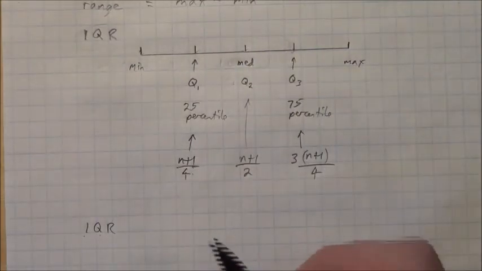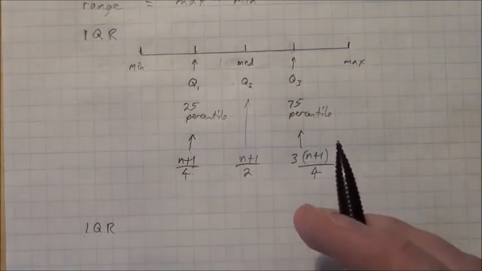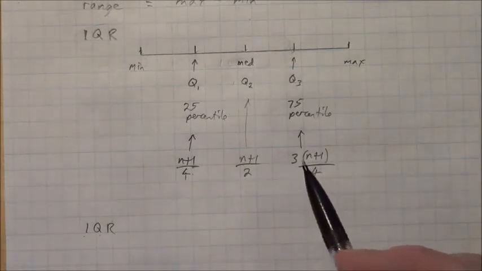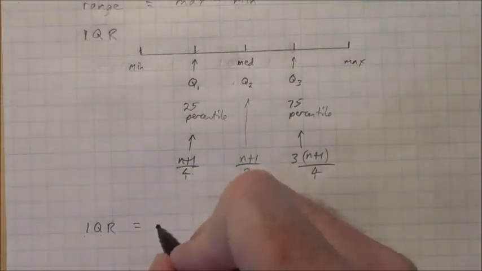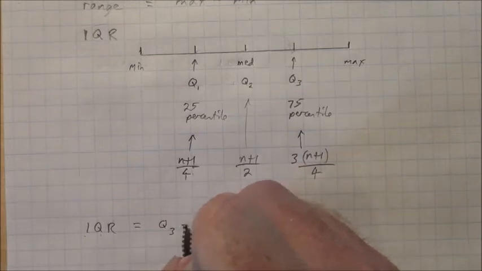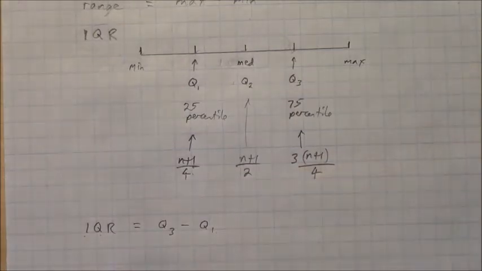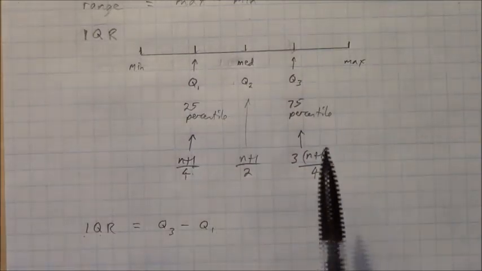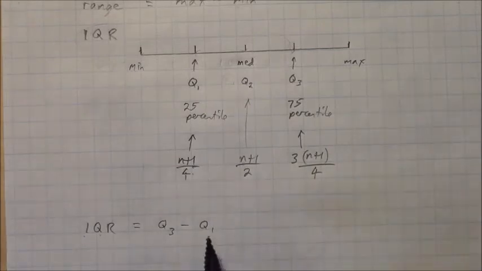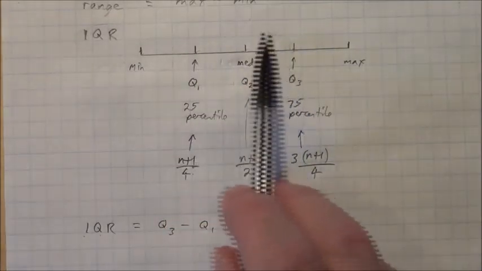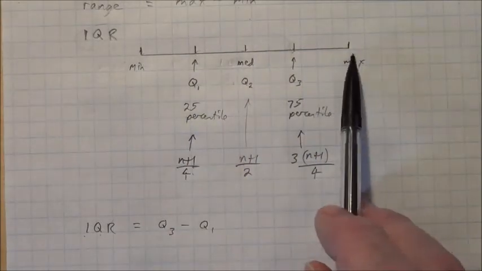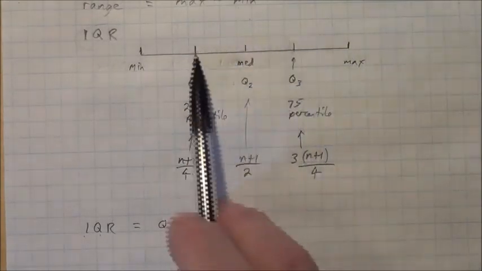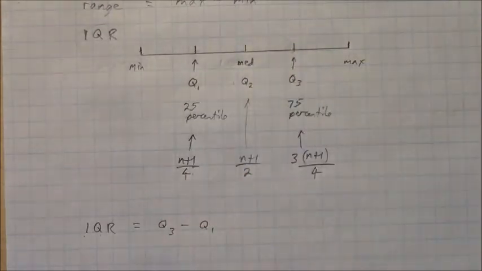That gives us the majority of the data, basically around the center of the data. So the interquartile range is simply found by Q3 minus Q1. And because it's the middle 50% of the data, it's not affected by minimum values or maximum values. It's still just that cluster of values around the center.